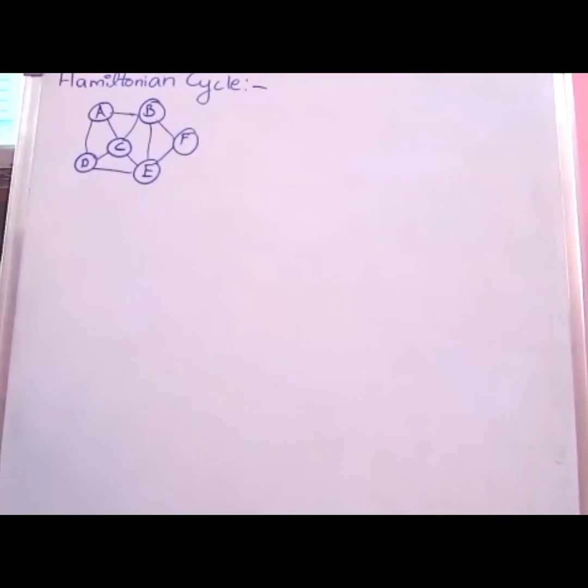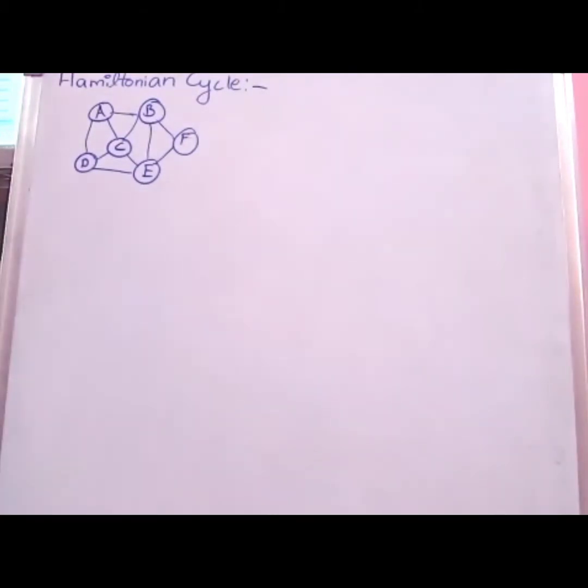So here we are specifying one type of cycle, that is Hamiltonian cycle. What is Hamiltonian cycle? We need to traverse every vertex of the graph only once, and we need to visit all the vertices.